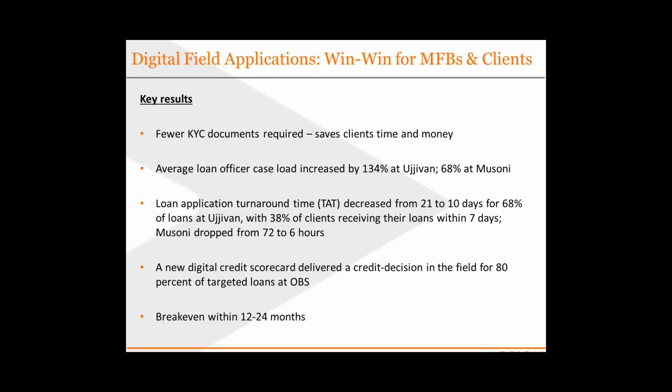Regardless, we see a strong decrease in turnaround time for both, and OBS was also able to achieve its goal of delivering an in-the-field decision for 80% of the targeted agricultural loans. And also all 3 institutions, in terms of the business case, were able to break even within 12 to 24 months, depending on how you amortize the costs.